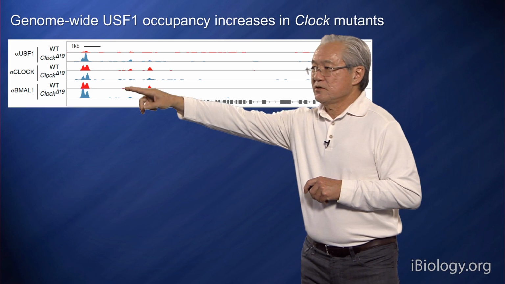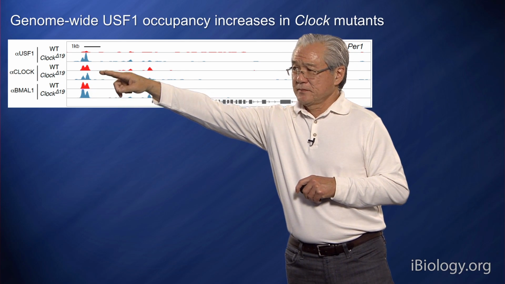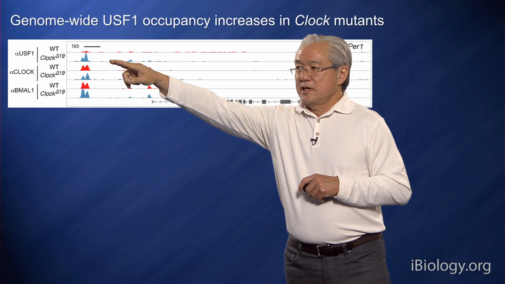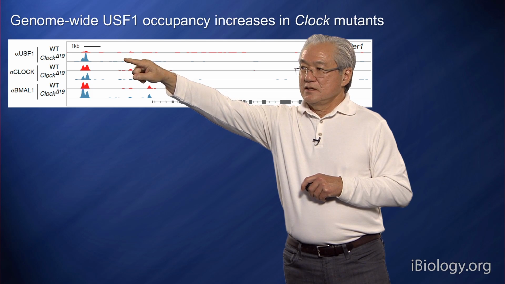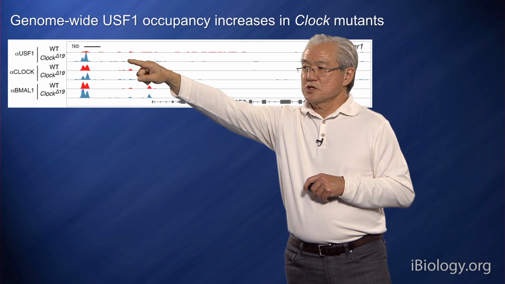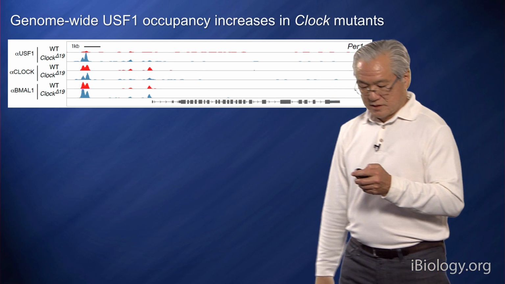And out here you can see there's very strong binding at these sites here. Red indicates wild-type mice and blue indicates clock mutant mice. And what you can see is that in the clock mutant mice, USF1 binding is much higher than it is in wild-type, to this site.